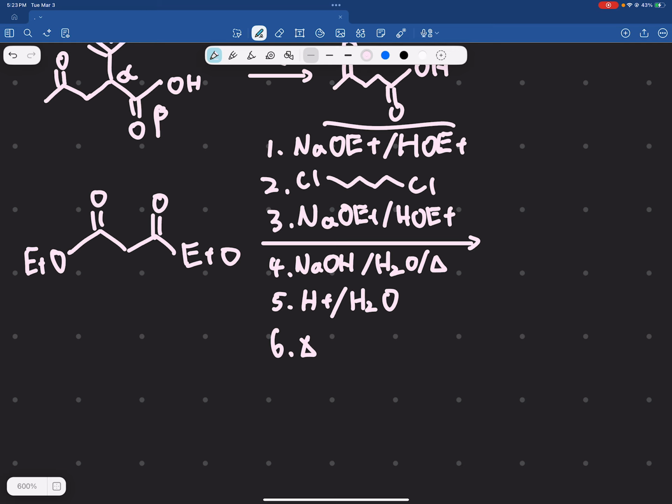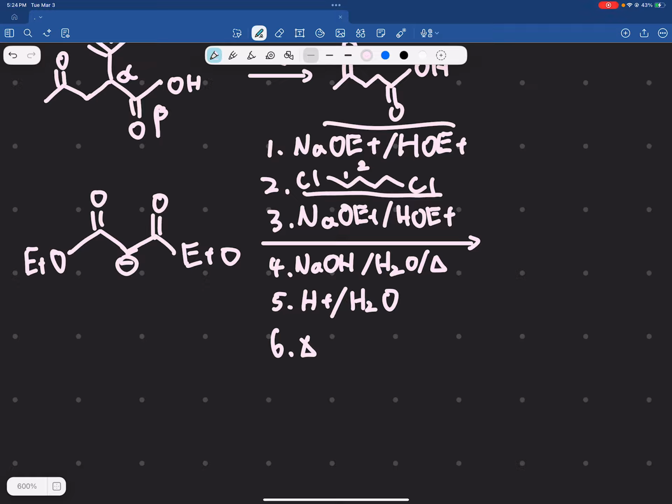All right, let's go through this. So the first step is going to, this ether is going to be generating a negative charge on the alpha carbon here. So the first step will generate a negative charge. The second step is going to be the formation of a new bond.